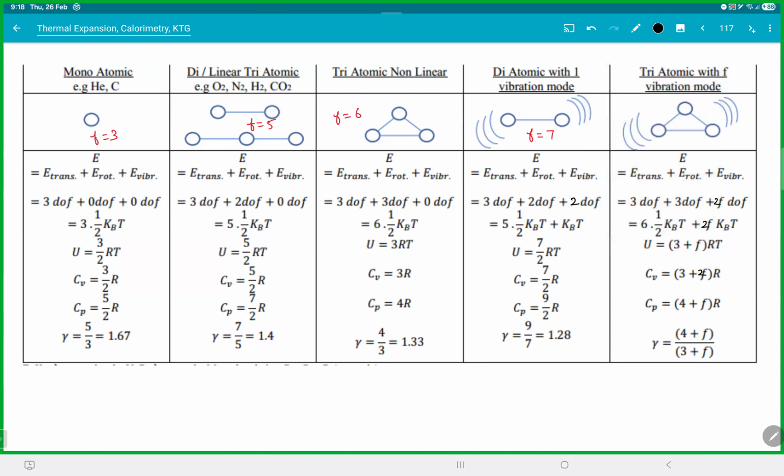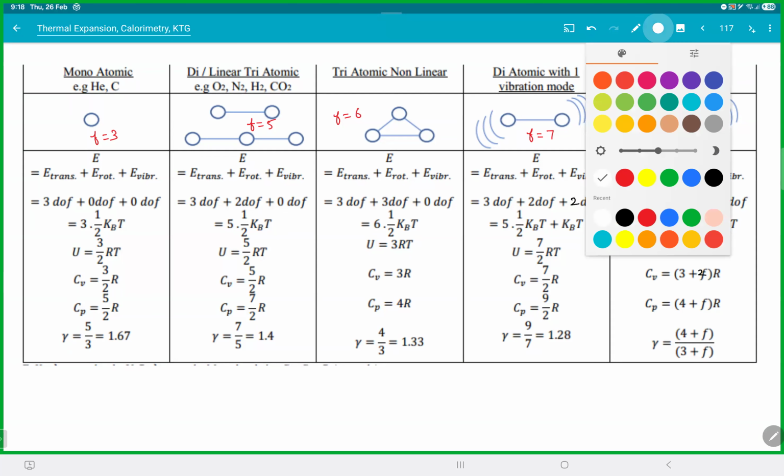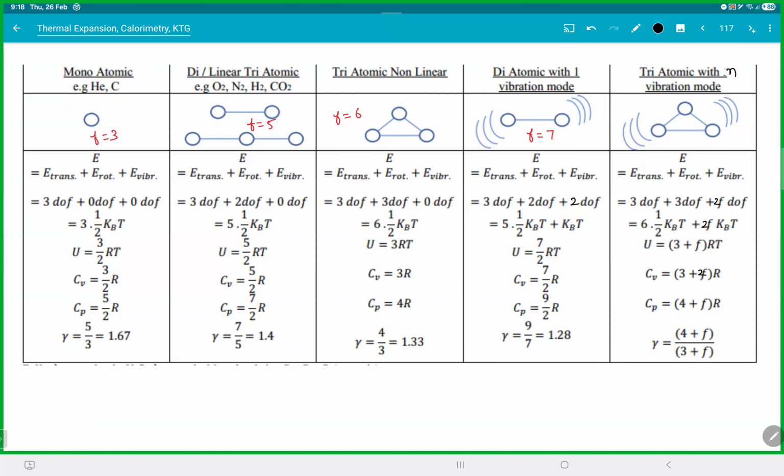Now let's do one thing. Let's take it as N basically. N vibrational modes. So N vibrational modes will have 2N degrees of freedom there. Basically, the way it is written in NCERT is like one vibrational mode has an energy of kT.